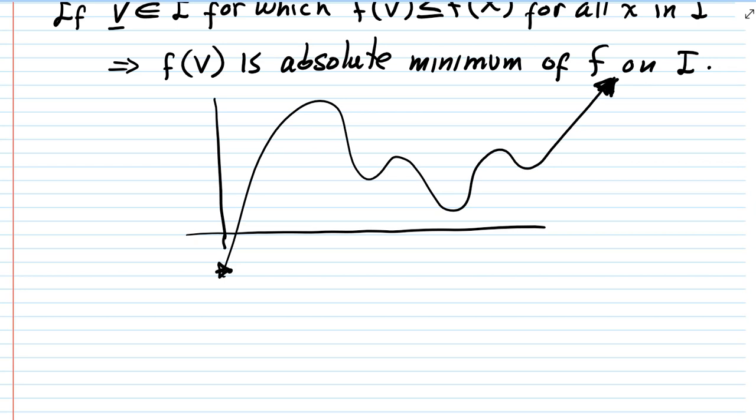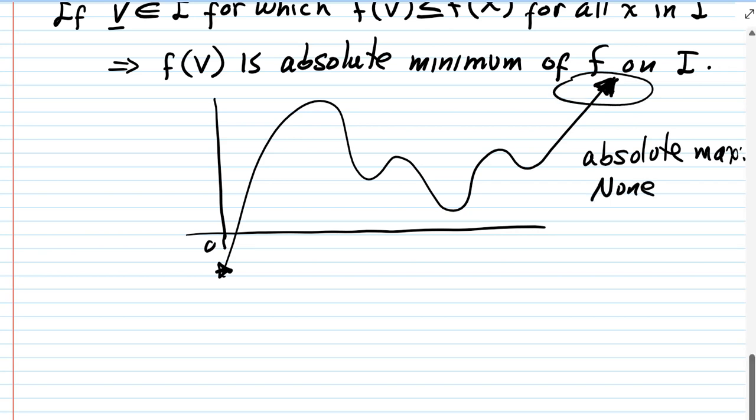So if I'm looking for an absolute max, there is none, because the function grows indefinitely. On the other side, if the arrow is there, then there is no absolute minimum.